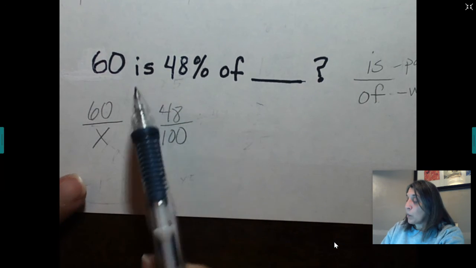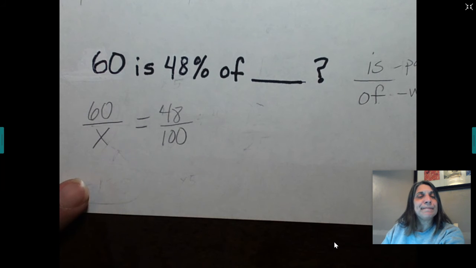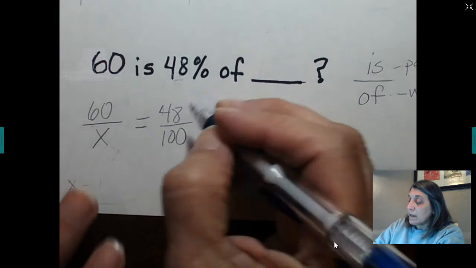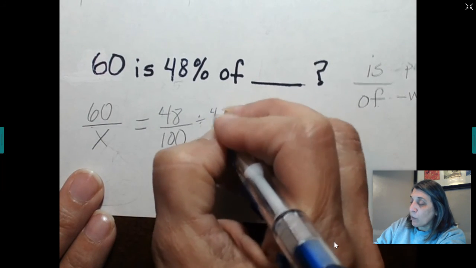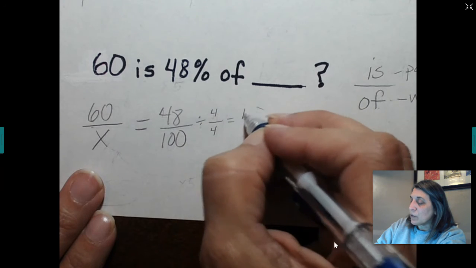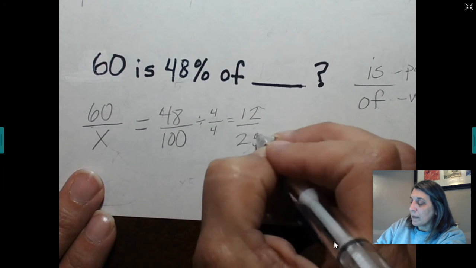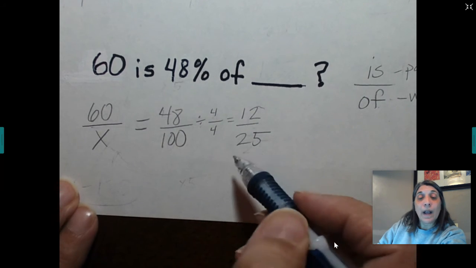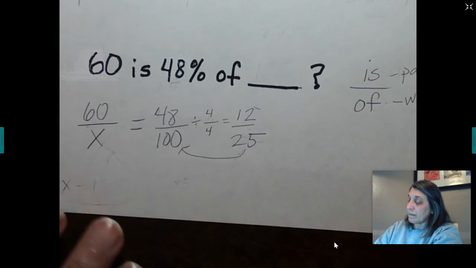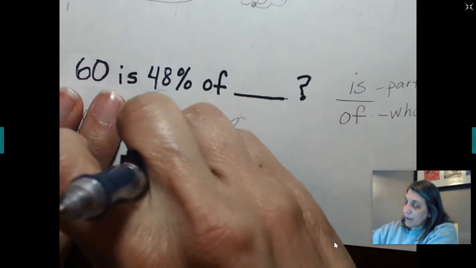Okay. And then in order to go from here to here, that's a little bit tricky, but it's not that tricky. Because if you think about it and you say, well, what do I know about 48 and 100? They're both divisible by 4. So if I divide both by 4, that'll give me a really good number to get to 60. This is just 12 over 25, right? And now I can go from 25 to 100. Oh, I'm sorry, I don't want to go that way.